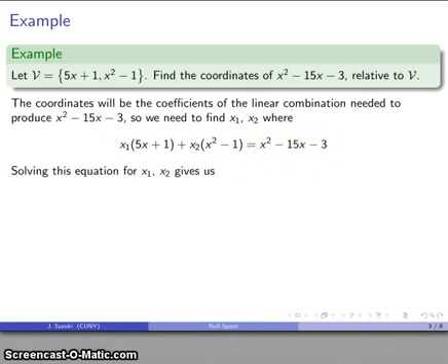I can solve this equation for x1, x2, and you should pause the video and solve it for yourself. We find that our solutions are x1 equals negative 3, x2 equals 1. If x1 is negative 3 and x2 is 1, this linear combination will give me x squared minus 15x minus 3.